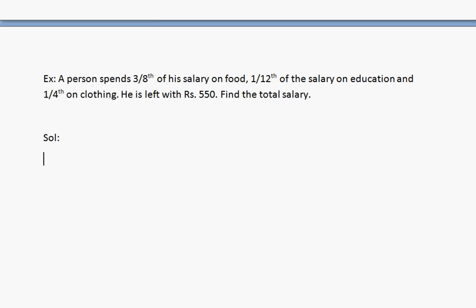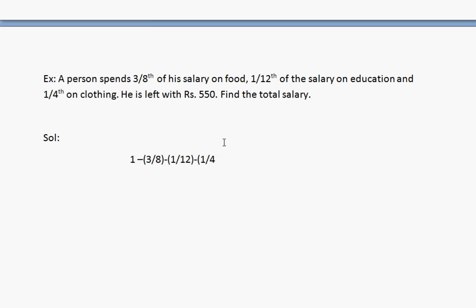So it says that he spends 3/8 of his salary on food, 1/12 on education, and 1/4 on clothes. So if the total salary as a whole is 1, he has spent 3/8, and then 1/12, and then 1/4. So he is left with this, right? 1 minus 3/8 minus 1/12 minus 1/4, right?